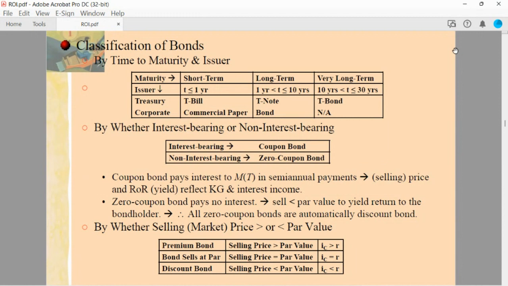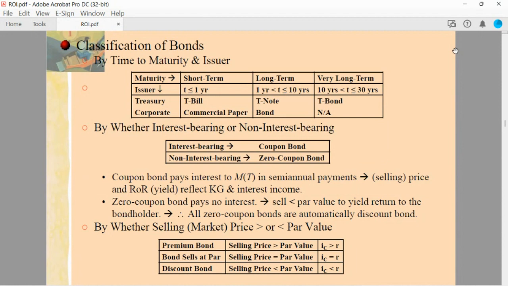Okay, and the face value is the maturity value. It's not the price that you pay. At maturity, you receive $1,000.